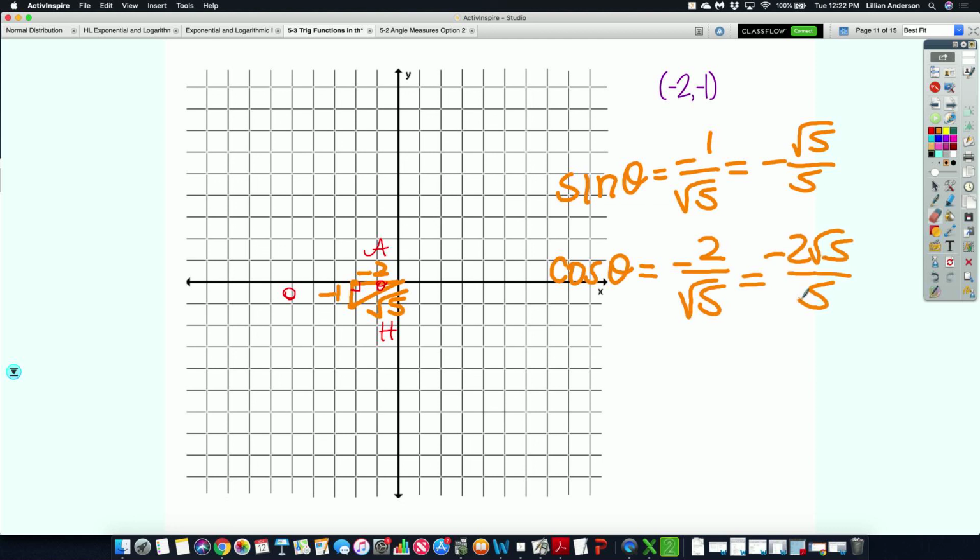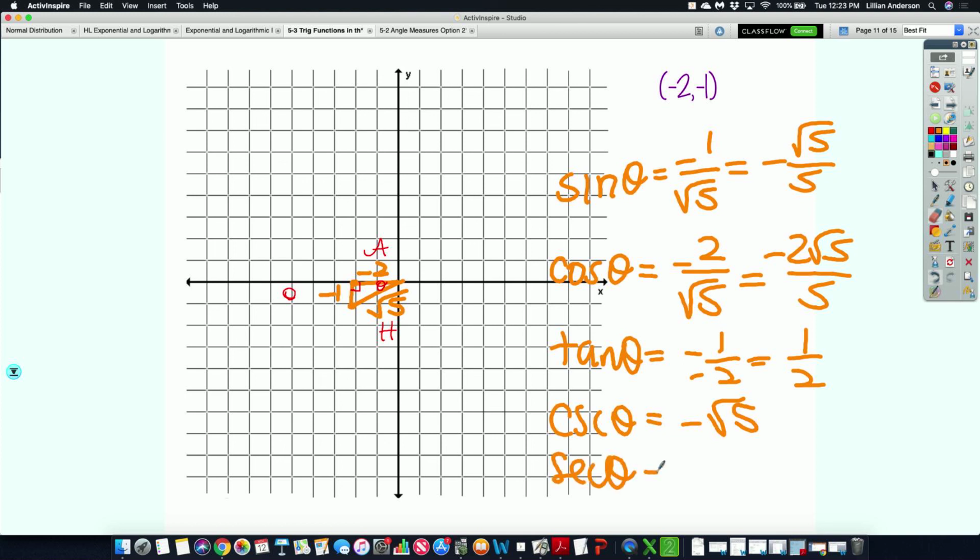That is the reason why I'm writing the non-simplified answer and then the simplified answer. Okay? Tangent theta. Negative 1 over negative 2, which simplifies down to be positive 1/2. Okay? Reciprocals, cosecant is negative square root of 5. Very good. Secant theta.